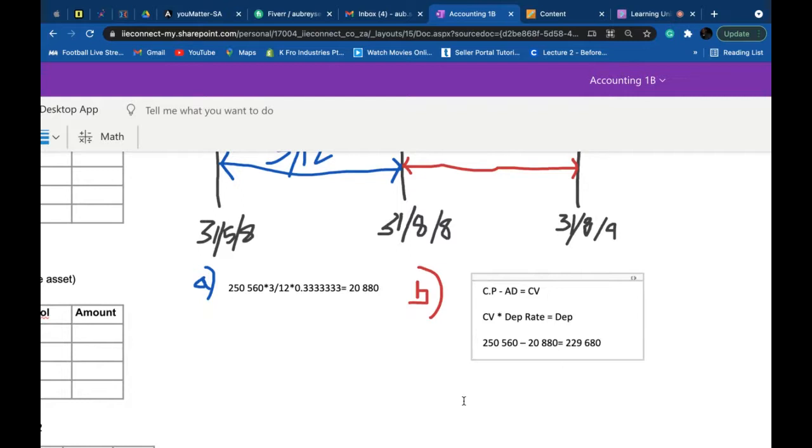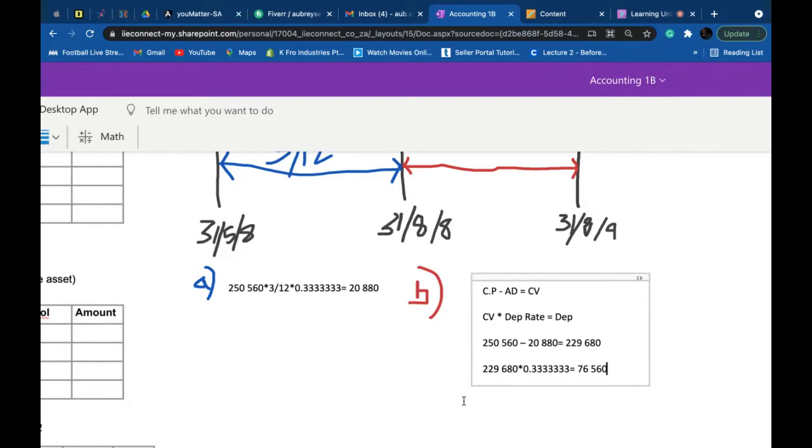Now we have our carrying value. Now we can calculate our depreciation. 229,680 times, remember this is for a full year, so we can just go straight in terms of 0.333333. And then what is our depreciation? 76,560. Cool. Now that we've calculated our depreciation, we're home and dry.